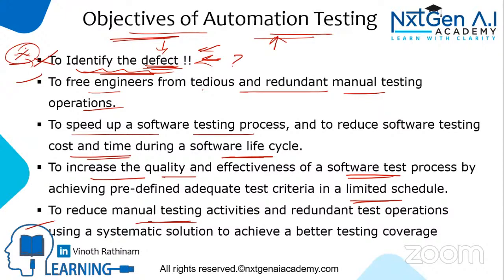We make sure the actual and the expected results are the same, or we are testing according to the requirements, and by finding the defects. When you say these words, they understand you know the importance of automation.